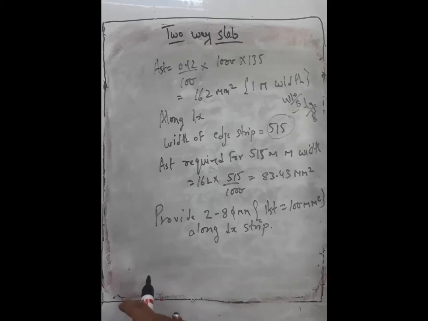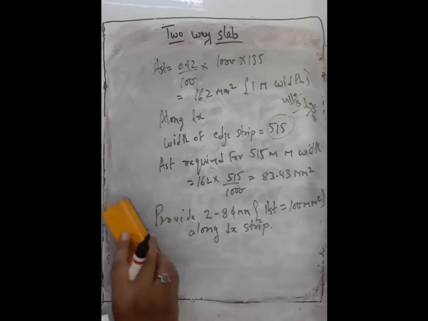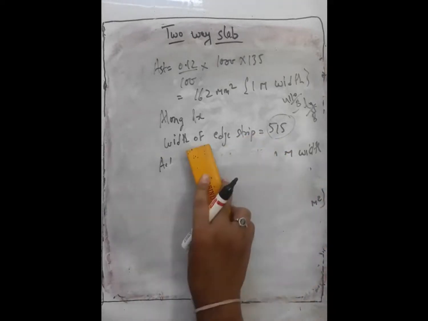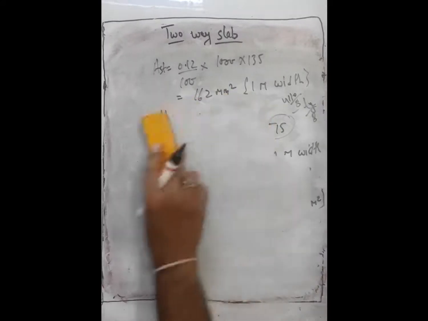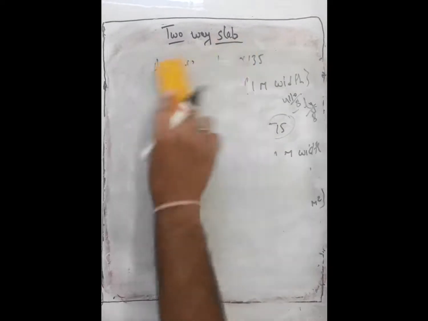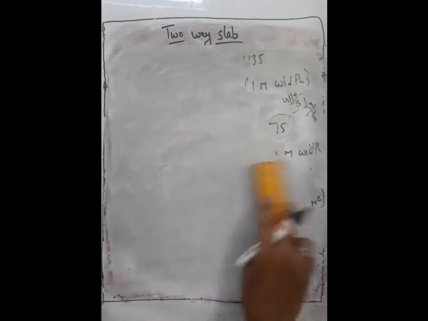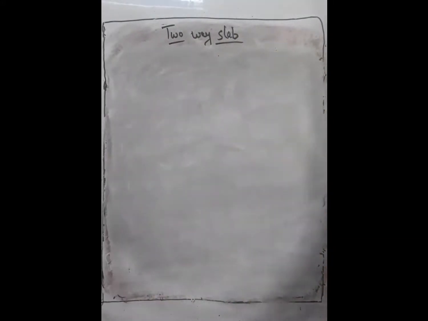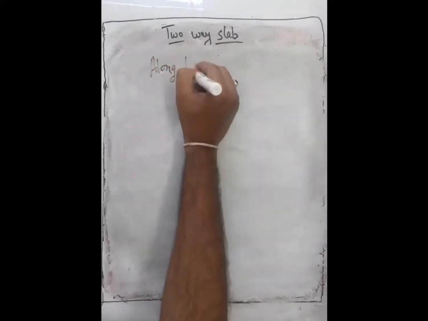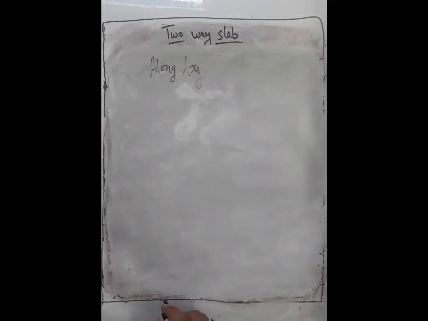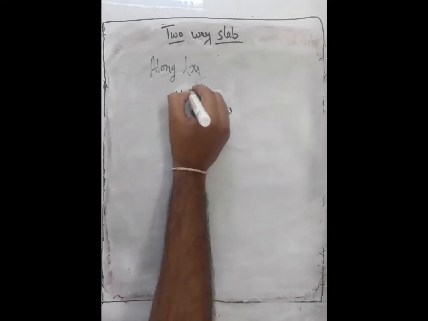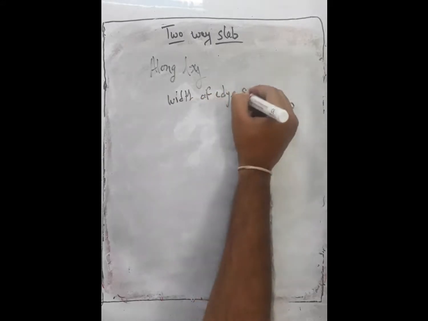Okay. Now we have to find along Ly. So along Ly you have to take the width of edge strip.